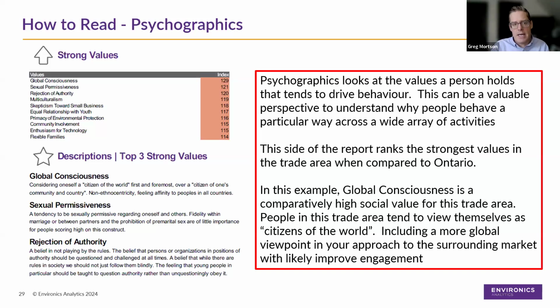So in this example, you can see that the top value that people believe in my trade area is global consciousness. So what does this mean? You can see below here a little description of the top three. So for global consciousness, these are people that really consider themselves a citizen of the world, first and foremost, more so than a citizen of their community or even country.